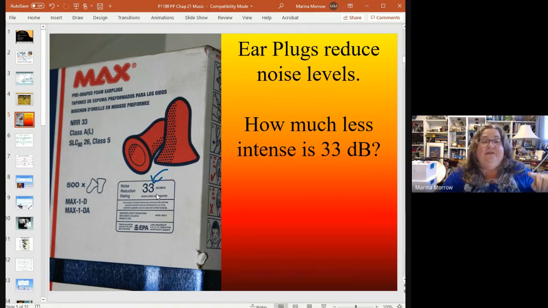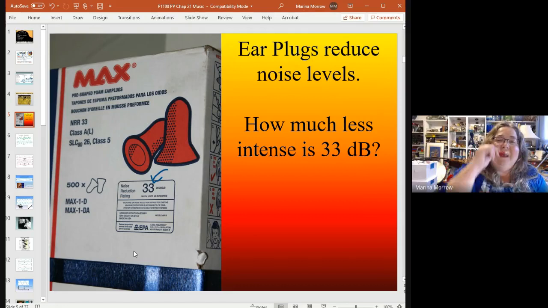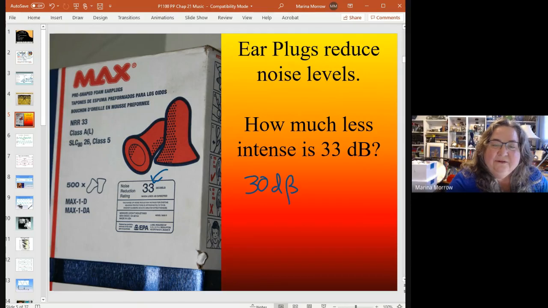But these are 33 dB. So how much do they cut it out? Well, remember we looked at how 30 decibels relates to 10 to the 3, or 1,000. So when you subtract away 30 decibels, that cuts the energy down by 1/1000th.